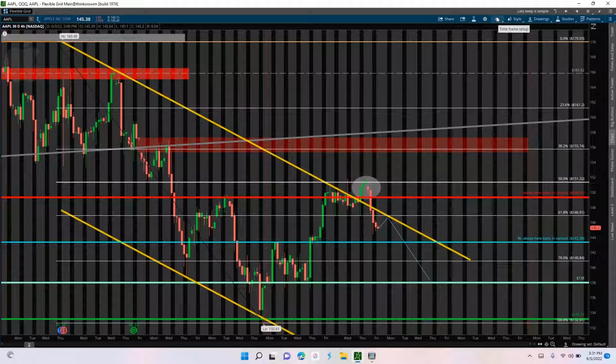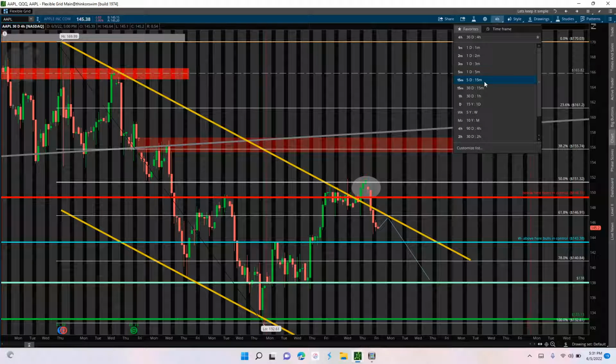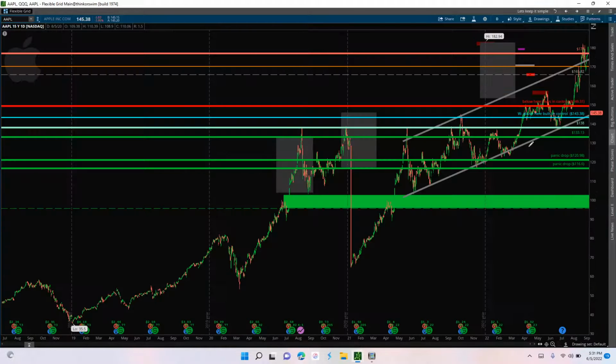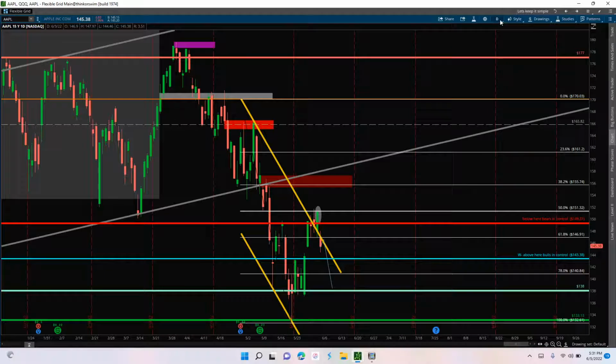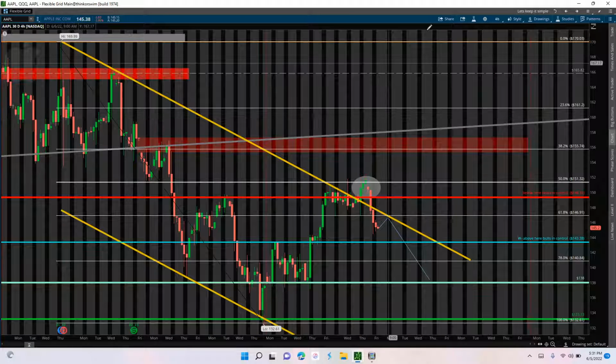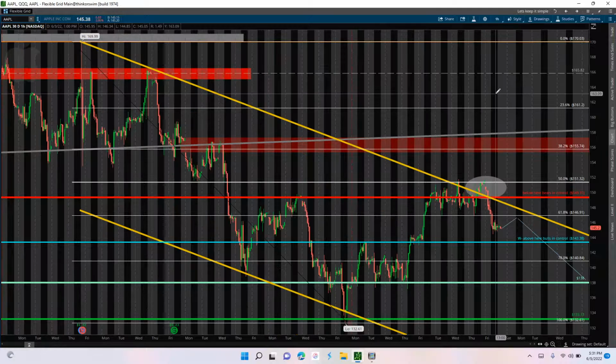So finding support, it all depends on what time frame you are trading. Now, the bigger the time frame, the stronger the support. That's the reason why I get my trend lines from the 4 hour and sometimes the day, depending how the day looks. But for the most part, it comes from the 4 hour. I'll go down to the 1 hour to make sure everything is matching.